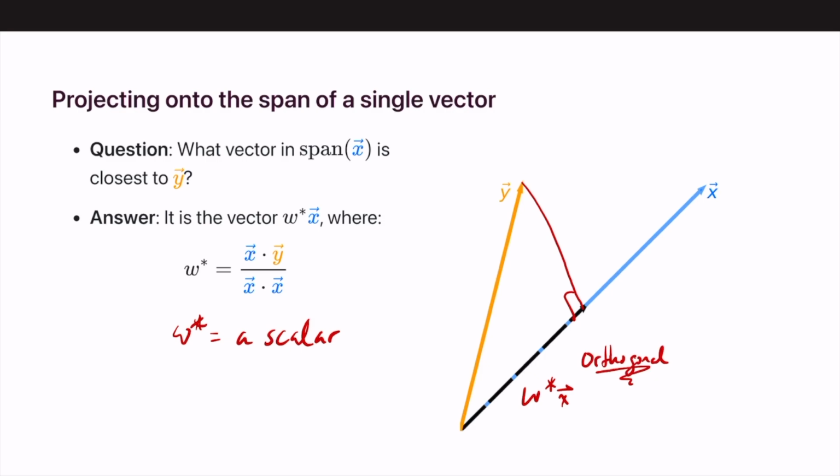So how do we get what w star was? Well, we had to find out whatever w, since we know w star winds up being a scalar.